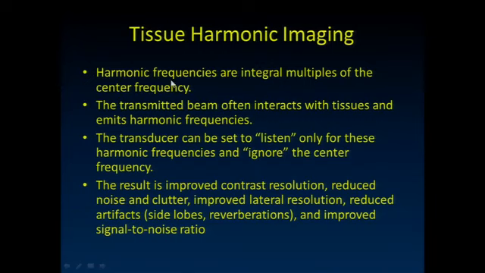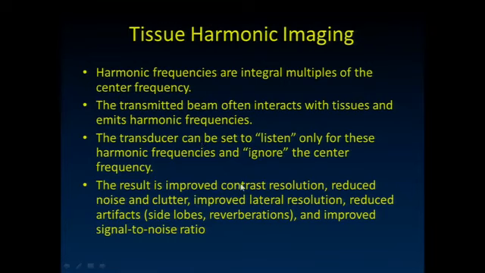Tissue harmonic imaging, it turns out that as sound travels through the body, we end up getting harmonics, which are integral multiples of the center frequency of the beam. That transmitted beam interacts with tissues emitting those harmonic frequencies. And it turns out we can set the transducer to listen to the higher frequency harmonics, rather than the original frequency of the ultrasound beam.